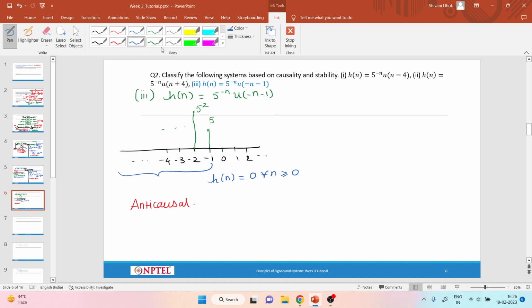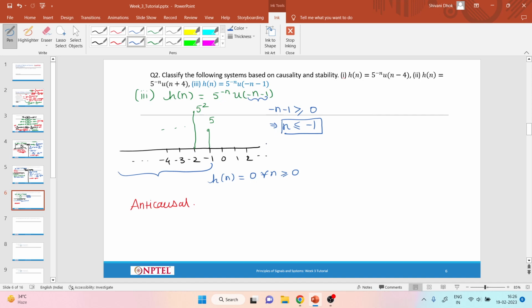Now you look at this factor here. This is u of n, and this is u of minus n minus 1. It is non-zero only when this argument is greater than or equal to 0, which means that my n, if I take this n to this side, is less than or equal to minus 1. When this is satisfied, only then is the multiplication possible.